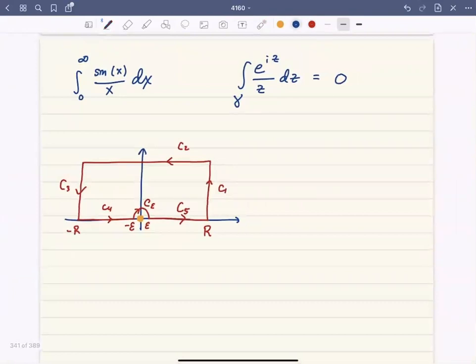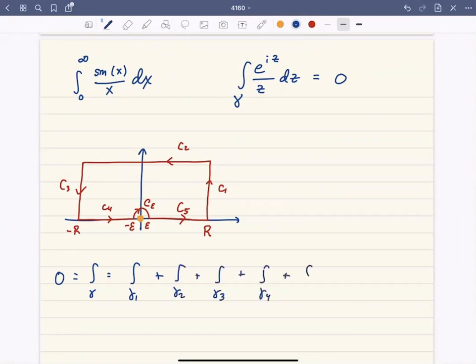We're going to think of this integral over gamma. So the integral over gamma is going to be the integral over gamma 1 plus the integral over gamma 2. This is bad shorthand, but hopefully this gets the idea across. We're just going to integrate over all of these separately. The integral over gamma 5 plus the integral over the last piece, which is gamma epsilon. And it turns out that gamma 1, gamma 2, gamma 3 are all going to tend to 0 as r goes to infinity. I should actually be a little bit more careful here. Gamma is going to depend on r.